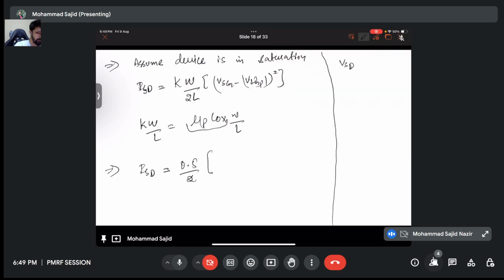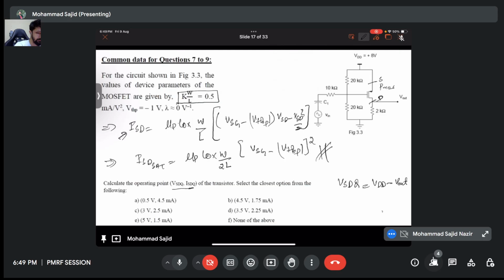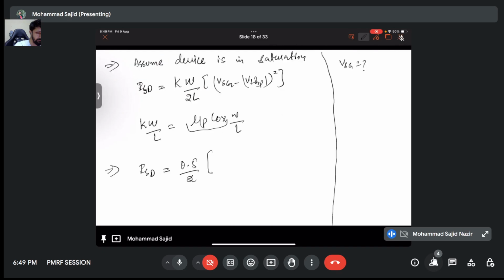Can you tell me what is VSG here for the circuit? This is S, this is the G terminal. We need to calculate VSG. Tell me, what is VSG? Simple voltage divider, right?